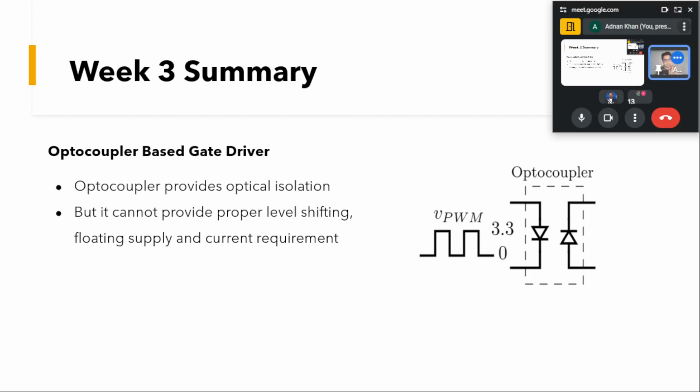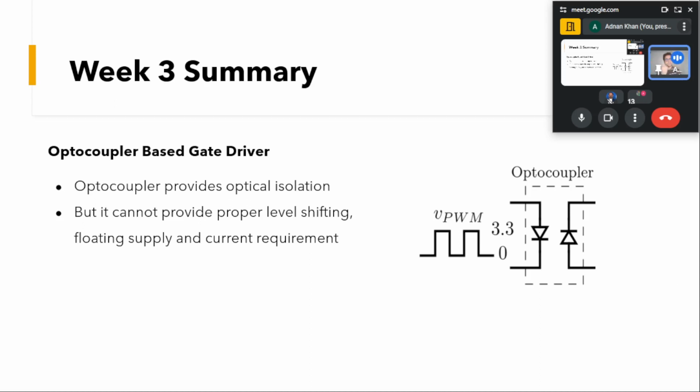So the controller side and this side, which is usually connected to the device side, have an isolation provided between the two sides. That was the requirement that we had seen is needed for our gate driving. So this is the optocoupler, the optical isolation.